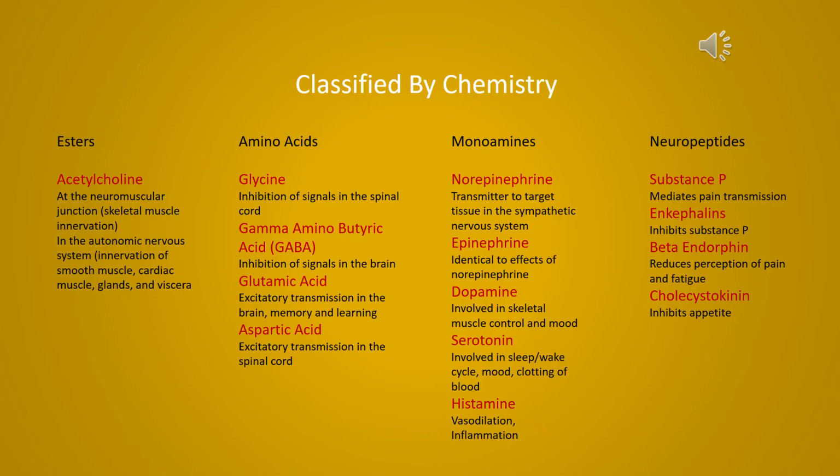Many of them exist on a seesaw with other chemicals. So you know what a seesaw is. You got one person on one side and another person on the other. Well, these neurotransmitters oftentimes have a seesaw type of relationship with other neurotransmitters.